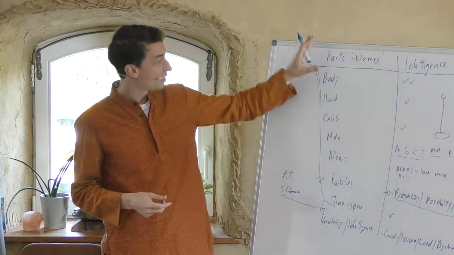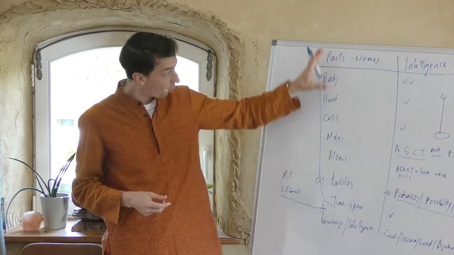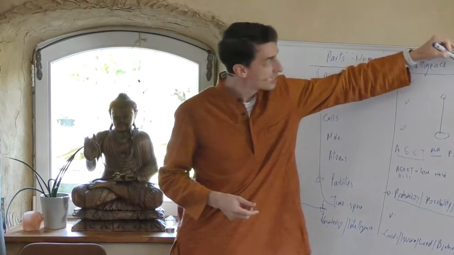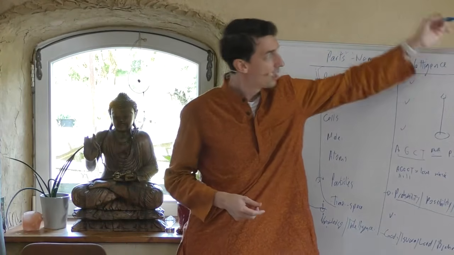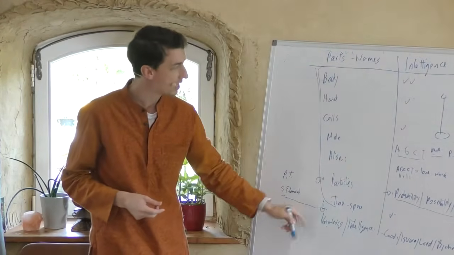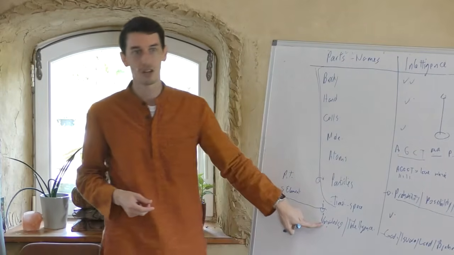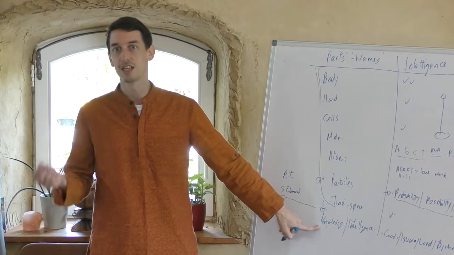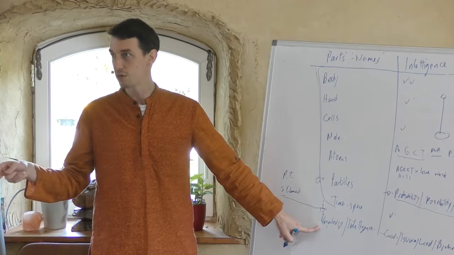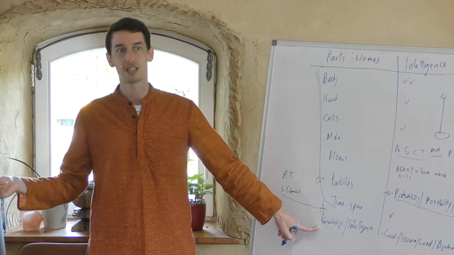Thus, they're all mithya. Intelligence is satyam. And then finally, right at the bottom, you say even intelligence depends on consciousness. Therefore, final satyam is consciousness.